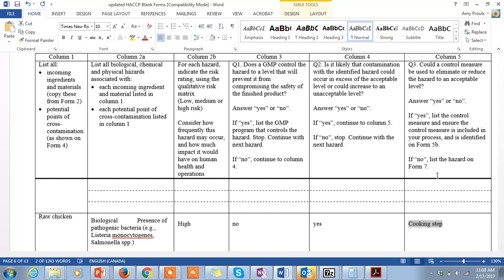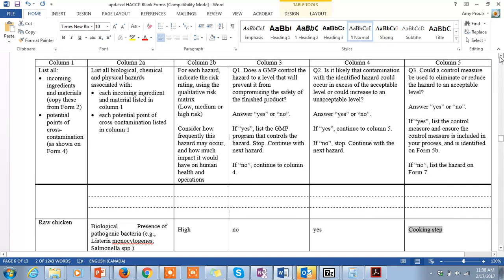Please cook to internal temperature of 74 degrees Celsius. Or if it's a food service business to business product, you are going to also include cooking instructions, cook to internal temperature 74 degrees Celsius. And as such, that is a Form 7 hazard that has been mitigated by providing appropriate instructions, but it's not controlled, it's mitigated.